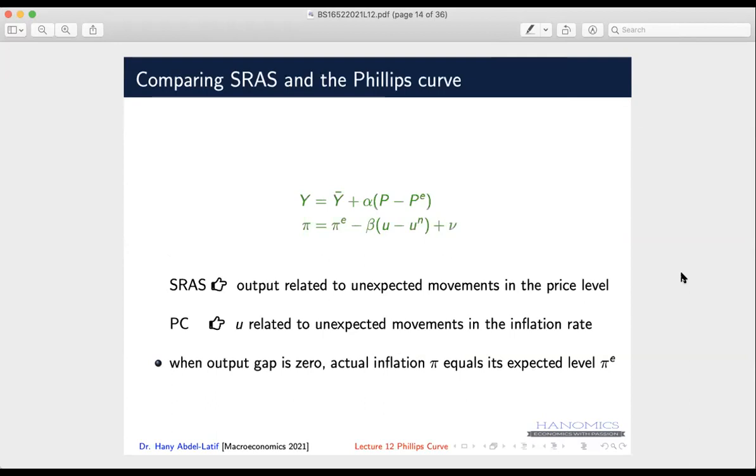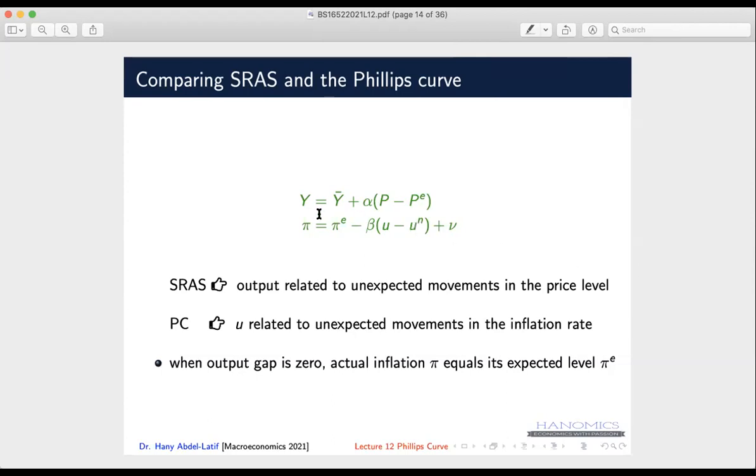As I said, the first question in the tutorial sheet asks you to explain how the Phillips curve is related to the aggregate supply. As you can see, both curves, or both equations, give us very similar information, if not exactly the same, but they give this information in different ways.